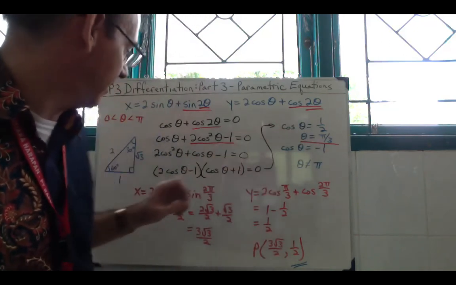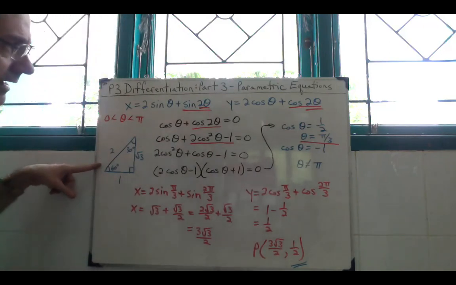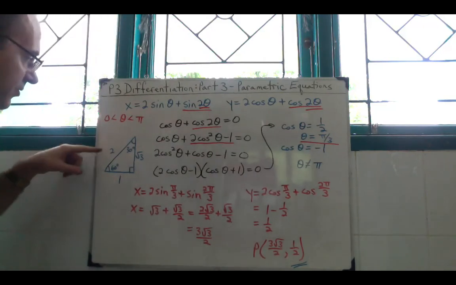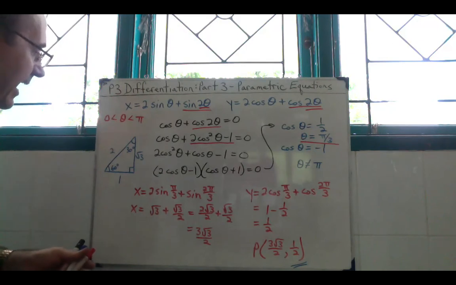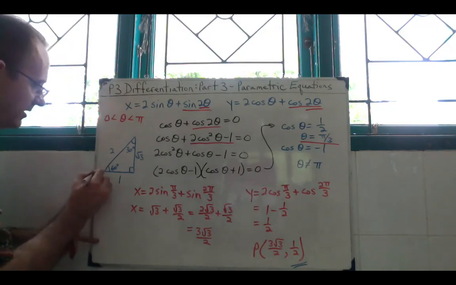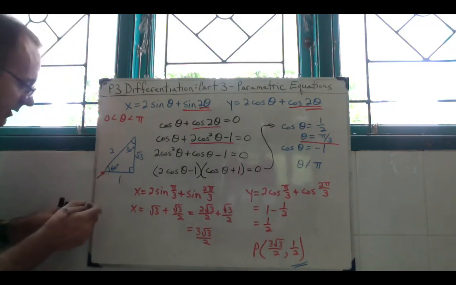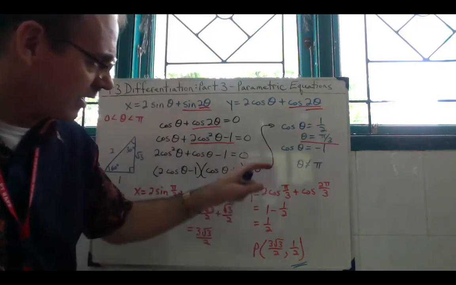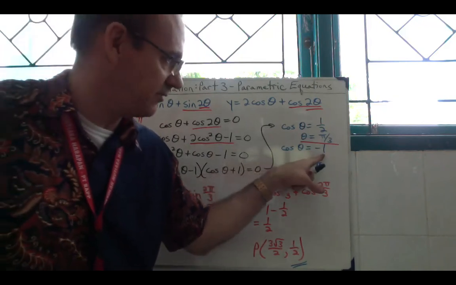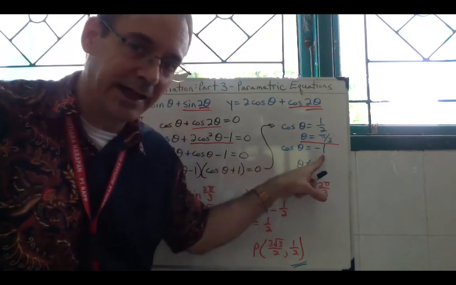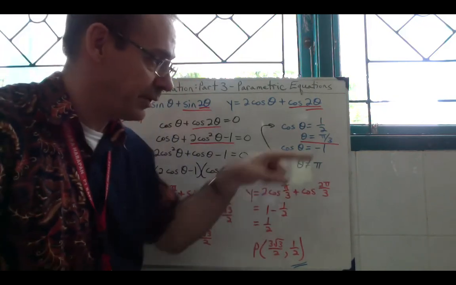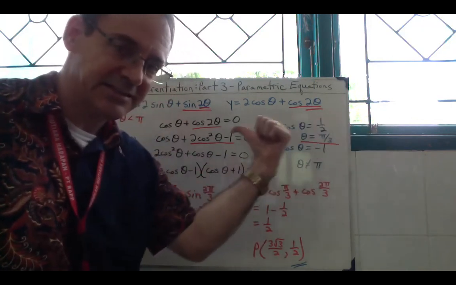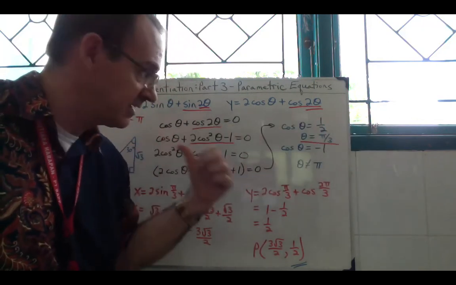In which case, again, you're going to want to use your triangles. So cosine being 1/2 is your adjacent over hypotenuse. So that would be 60 degrees, which is pi thirds. Cosine theta equals -1. This is a quadrantal angle, and cosine is positive on the positive x-axis, negative on the negative x-axis.